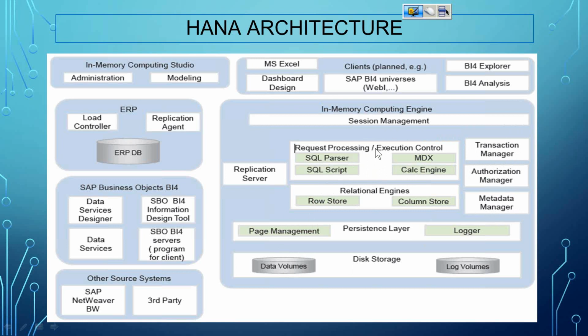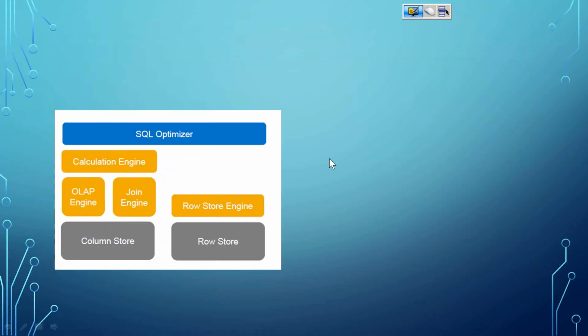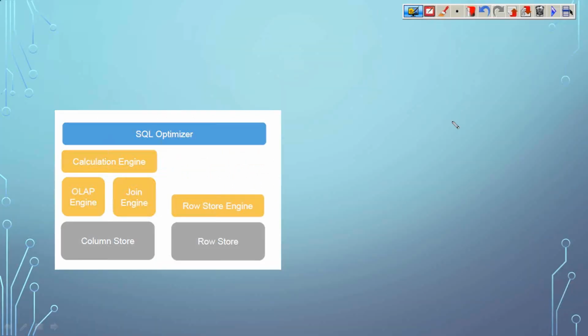Then here we have some engines. In SAP, we have different engines within this. This is my HANA database, that is my index server.